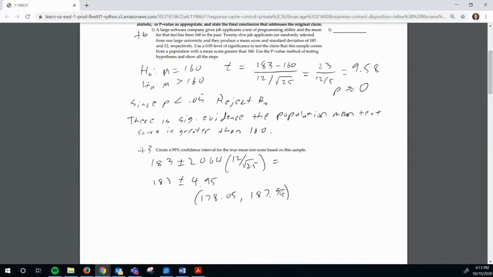That we accept the null, but it's actually false. Close. So with hypothesis testing, we either reject or we fail to reject. We never accept. So we would say we failed to reject the null hypothesis and say, oh yeah, it is 160, but it really isn't. It's really something different, but we didn't catch it.